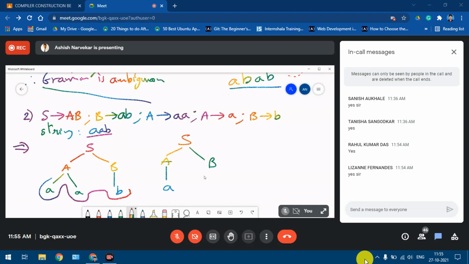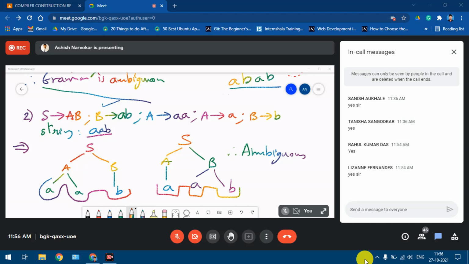Now look at the productions of B. B derives AB, which is given to us. So this is A and this is B. Again, if you look at this, we get AAB. If you look at the parse trees, both the parse trees are different. So therefore the grammar is ambiguous. I'm just writing in short, see that you all write it properly.